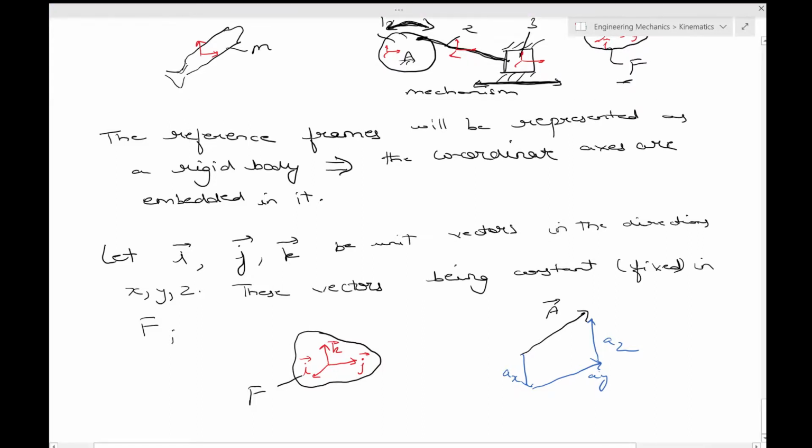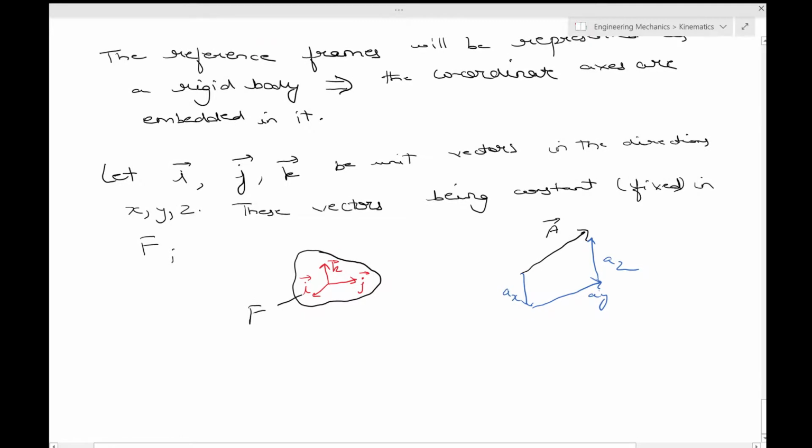So coming back, let i, j, k be the unit vectors in the directions x, y, z. These vectors being constant, fixed in F, which is shown in the diagram to you, we can say that di by dt in this frame F is equal to 0.